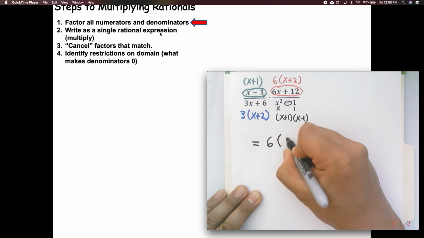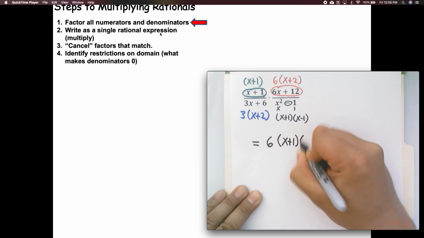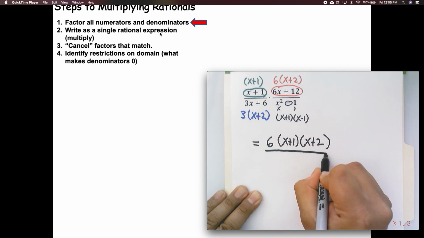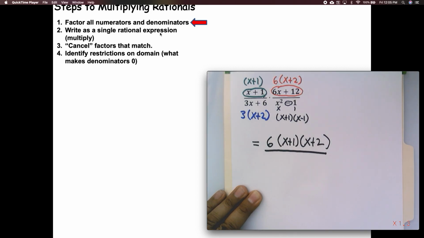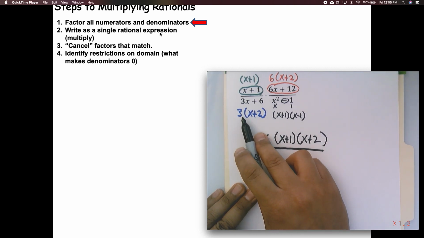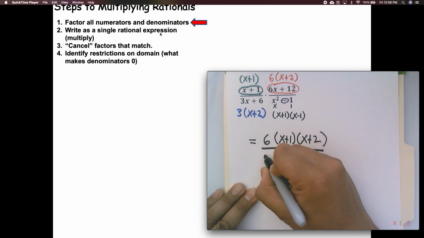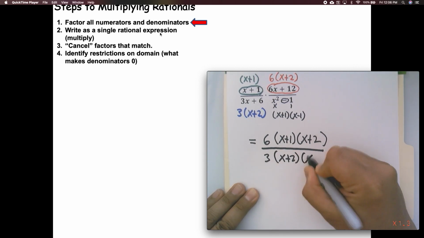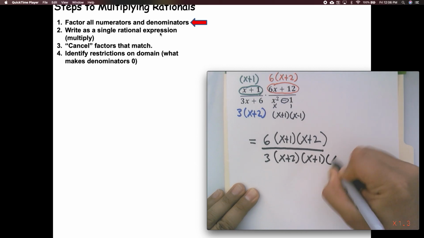And then I've got an x plus 1 and an x plus 2. So those are all my numerators just placed side by side into one fraction, one rational expression. This one, the monomial of 3 is already out front, so I'm just going to write the 3 there. I've got my x plus 2, my x plus 1, and my x minus 1.